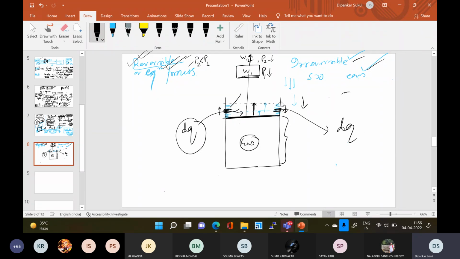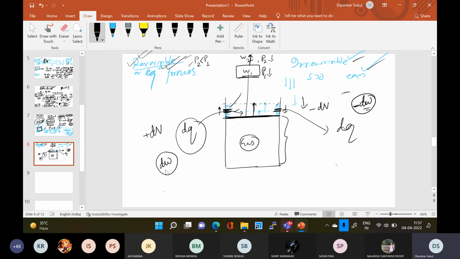Similarly, if the change in volume is dV during expansion, then here the change in volume will be minus dV. Okay. That is, the amount of work done by the system is dW, and during compression the amount of work done by the surrounding is also dW with the opposing sign.